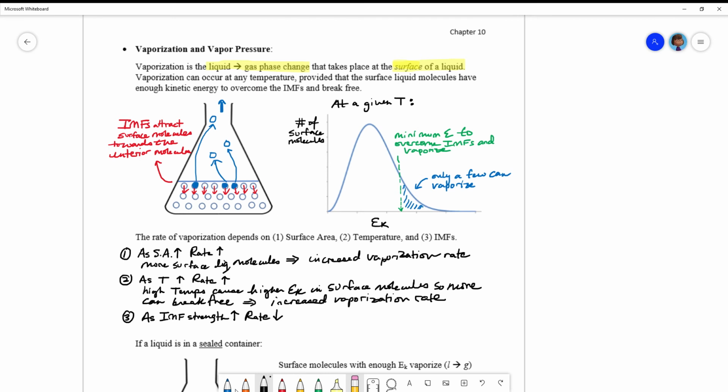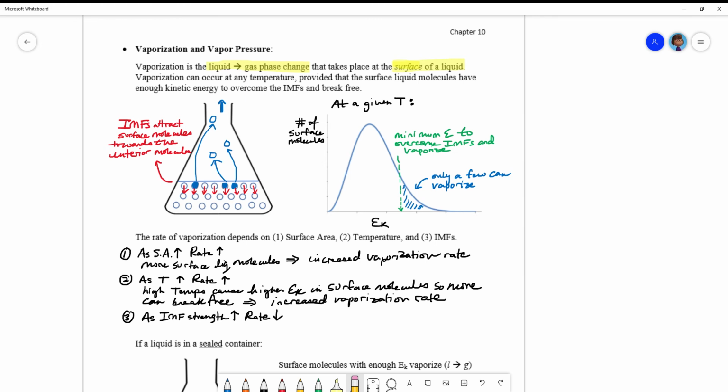What was the role of the intermolecular forces again? Well, they're right over here. They're pulling the surface molecules towards the interior molecules. So if those IMFs are stronger, they're pulling harder on those liquid surface molecules. And of course, that's going to make it harder for surface molecules to escape, leading to a decreased vaporization rate.